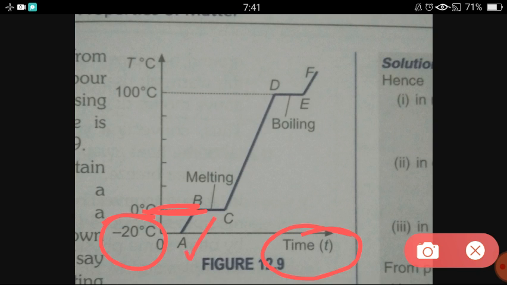Below 0, water will be in solid state, in the form of ice. At 0 degree it starts melting. This continues for some time, and then if we increase the temperature to 100 degree centigrade, the water starts boiling, that means it converts into vapor form.